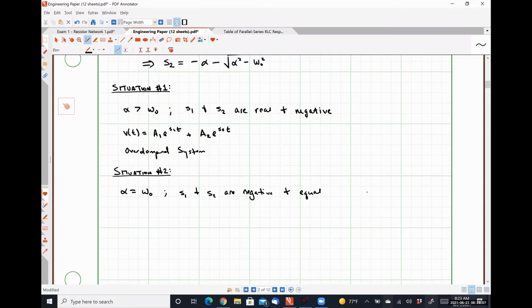So instead, we'll see that our voltage response equation, v of t, will be of the form A1 t e to the minus alpha t, because S is equal to negative alpha here, plus A2 e to the negative alpha t.